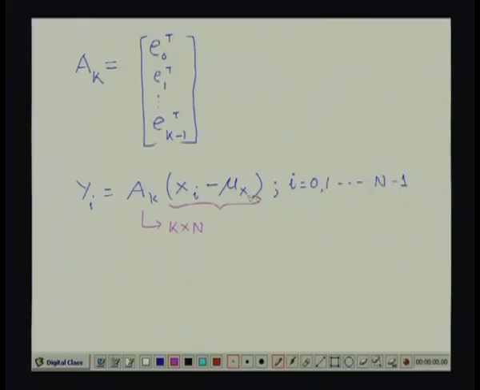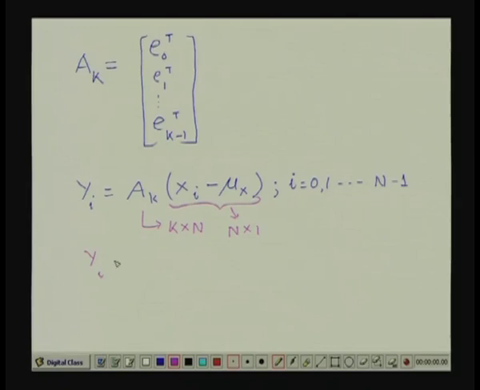When I perform this transformation AK into xi minus mu x, it leads to a transformed vector yi, where yi will be of dimension k by 1. That means, using this transformation with the transformation matrix AK, we are getting the transformed vector yi of dimension k.